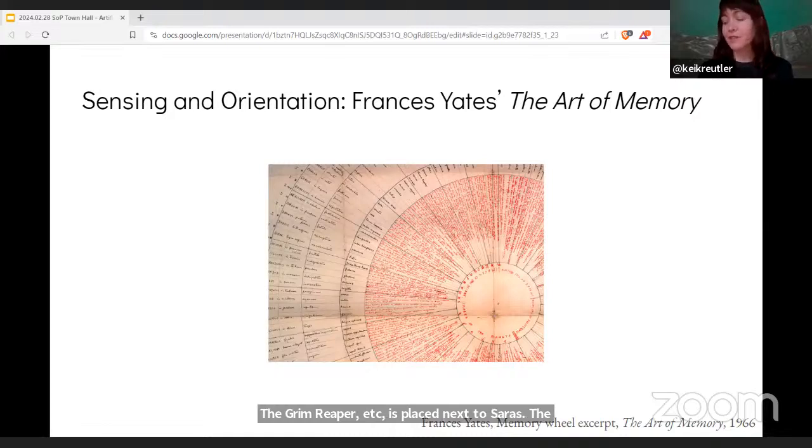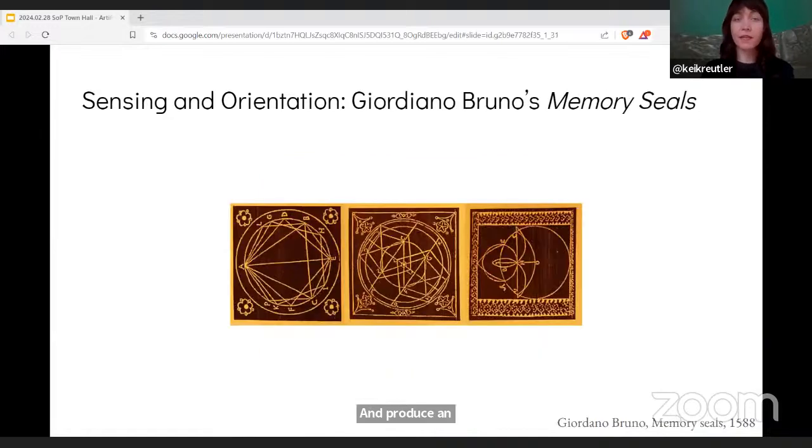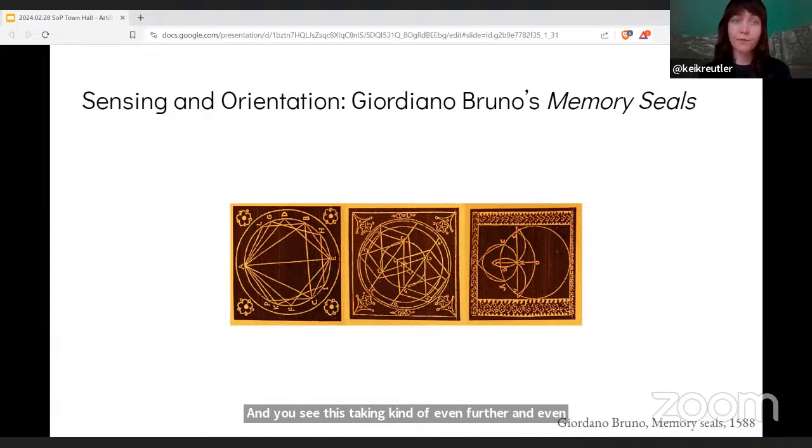And through placing these different images or symbolic forms or words next to each other, you essentially associate human and planetary narratives. So there's a juxtaposition of different ideas that, when associated with each other, produce a new form of memory and produce a new form of telling. And you see this taken even further and even more abstract in Bruno's own work.